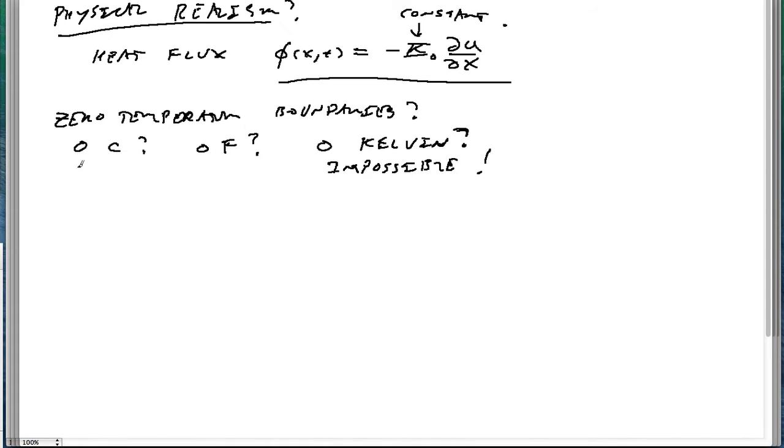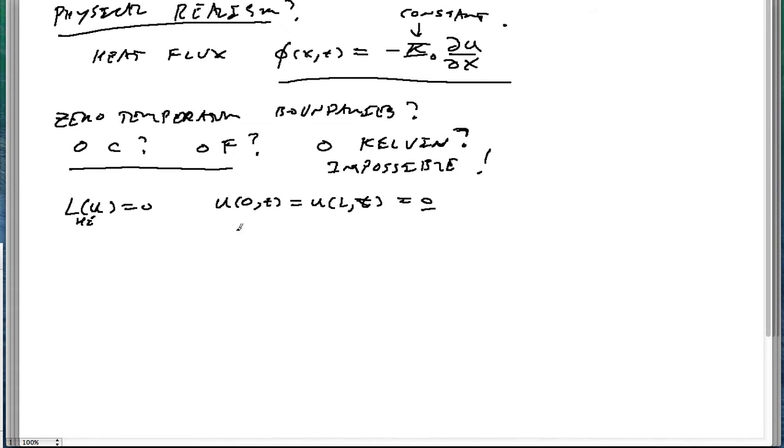So it turns out that we need to just put this into perspective a bit. So if U solves the heat equation, HE equals 0, and U on the boundaries is equal to 0, does it mean 0 Kelvin or 0 Fahrenheit or 0?